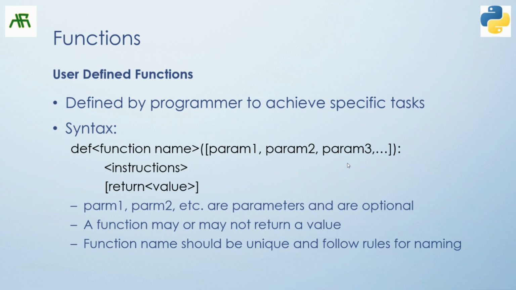It should start with an alphabet followed by alphanumeric characters or an underscore, and it cannot have some of the special characters. So those rules should be followed in function naming as well, and indentation should be followed very strictly. Otherwise, we'll have confusion. We saw some examples in the previous one. We'll see some other examples also in this session of why indentation is very important.